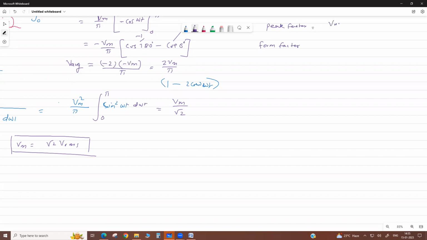Peak factor is peak value, meaning maximum value, by RMS value. So peak factor equals Vm by Vrms. Form factor is RMS value by average value.